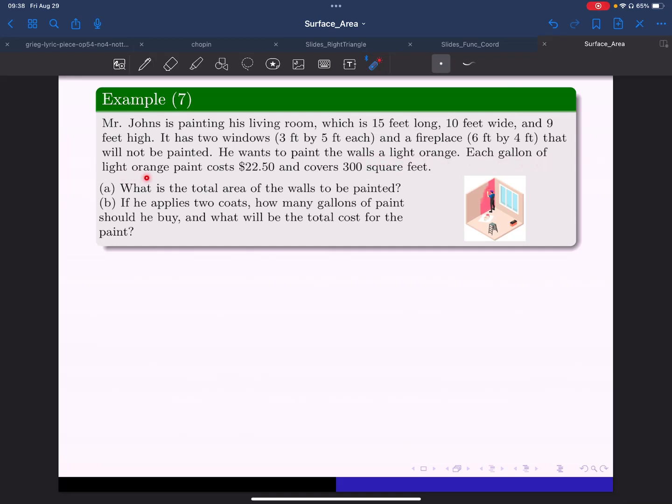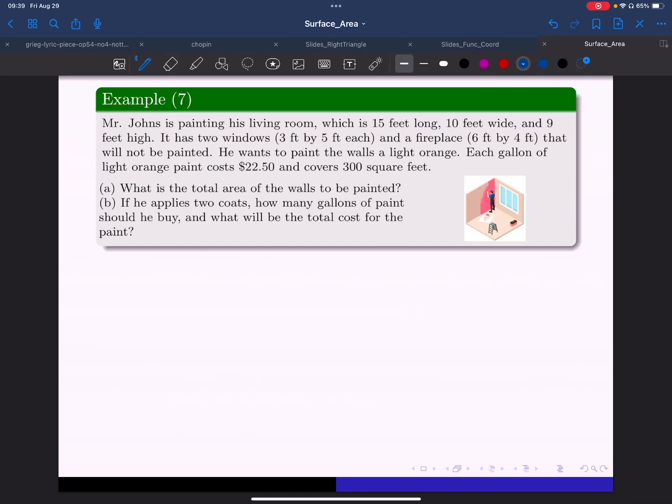Each gallon of light orange paint is $22.50 and covers 300 square feet. What is the total area of the walls to be painted? If he applies 2 coats, how many gallons of paint should he buy? And what will be the total cost of the project?